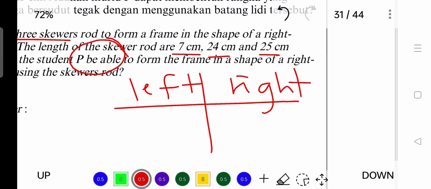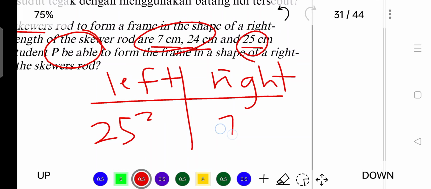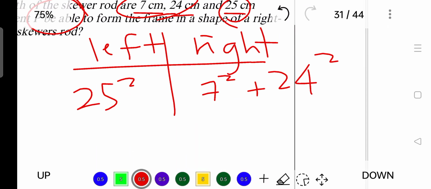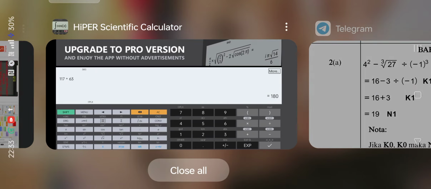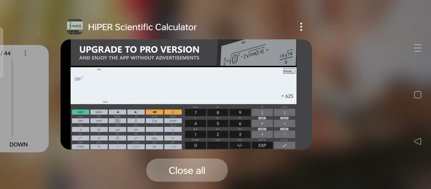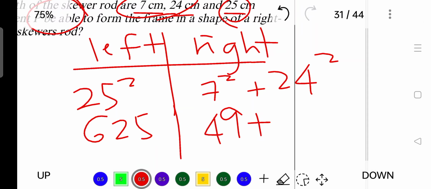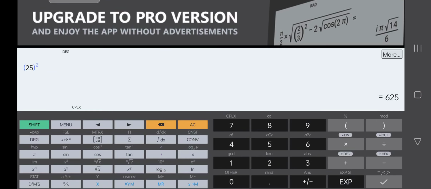For my left hand side, I take the longest one and square it. For my right hand side, I take my other 2 shorter ones and square them. I'm going to do them separately. 25 squared is 625. I write it down there, and this is 49, and if not mistaken, 576.